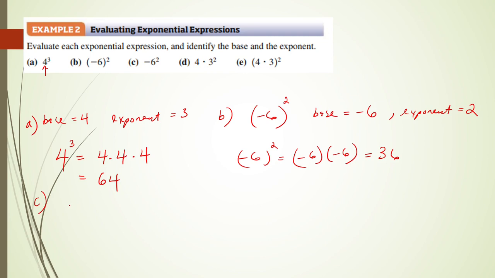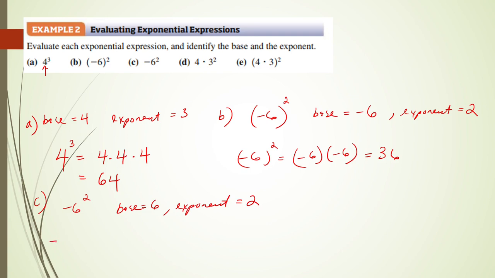Part C, we have negative 6 squared. In this case, the base is just 6. There's no parentheses around the negative 6, so the 2 only affects the 6. The base is equal to 6. The exponent is 2.